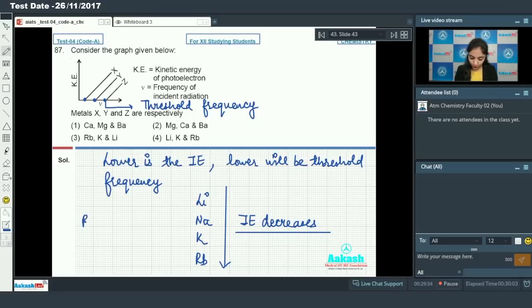So rubidium will have the lowest threshold frequency, then potassium, then lithium. So option number 3 is our correct answer, and none of the other options is matching with this answer.